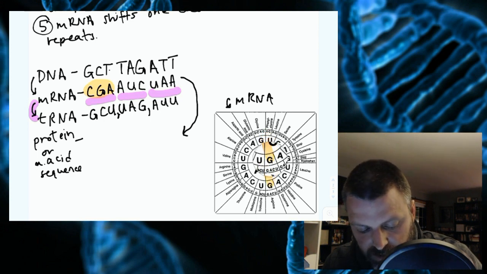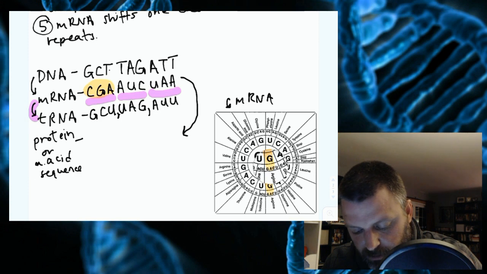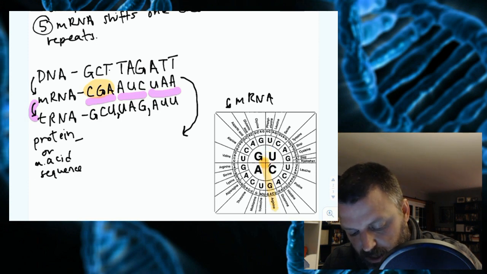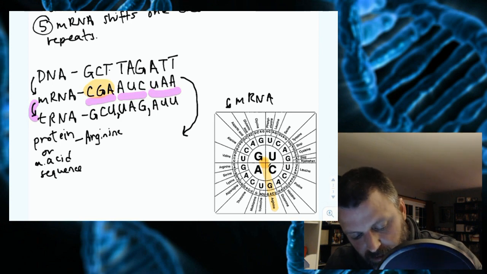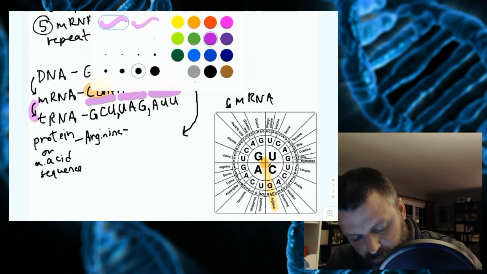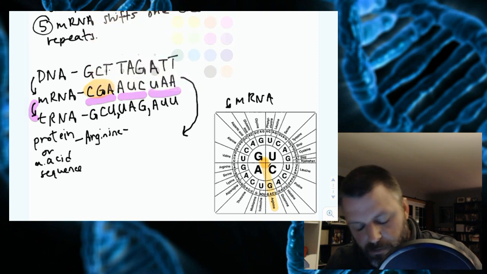So I slide it to my C. Then I slide my finger to my next one, which is G. And then I slide it to my last one, which is A. And then I slide it off to get my amino acid. So my first amino acid in my sequence is going to be arginine. Okay, I'm going to put a little bond there.